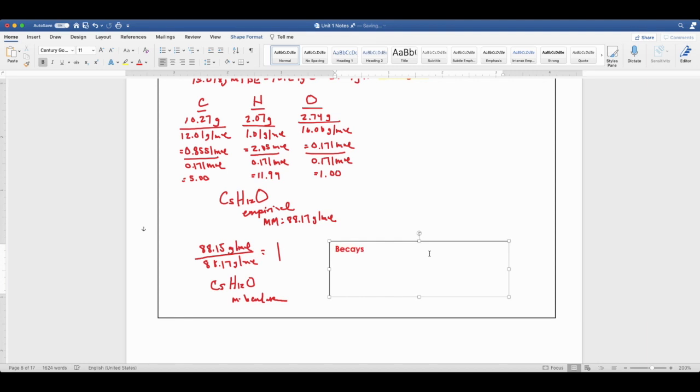We're going to say because the molar mass of the empirical formula is equal to the molar mass of the molecular formula, the molecular formula is also C5H12O.